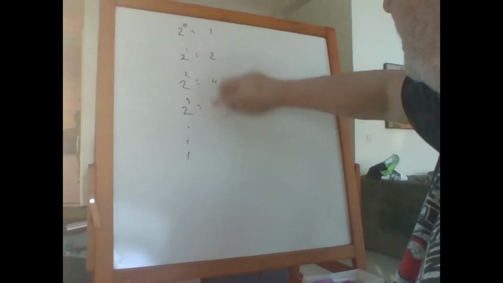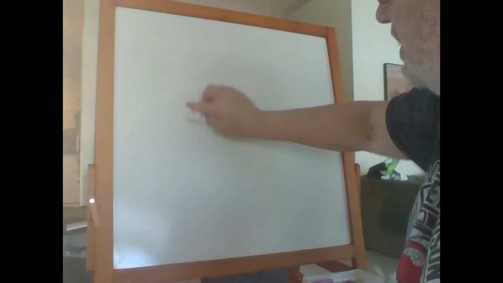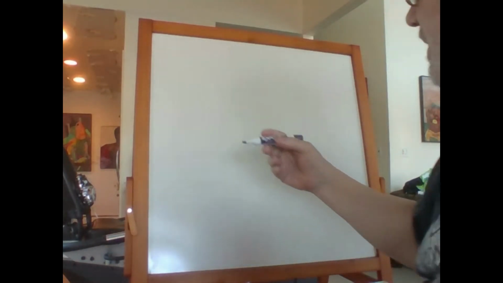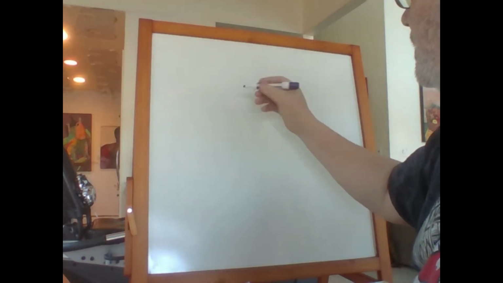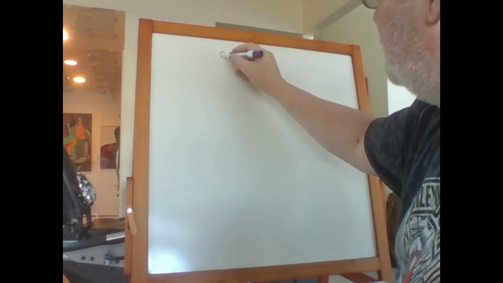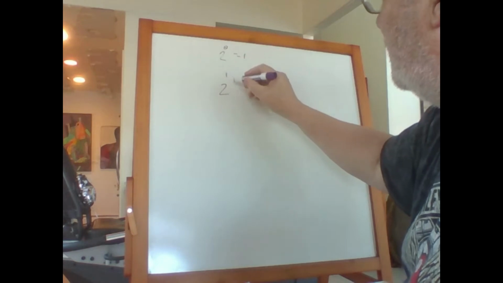So how do we go about doing that? I don't think I was particularly clear, but let's take a look at the interval between 2 to the 0, which is 1, and 2 to the 1, which equals 2.